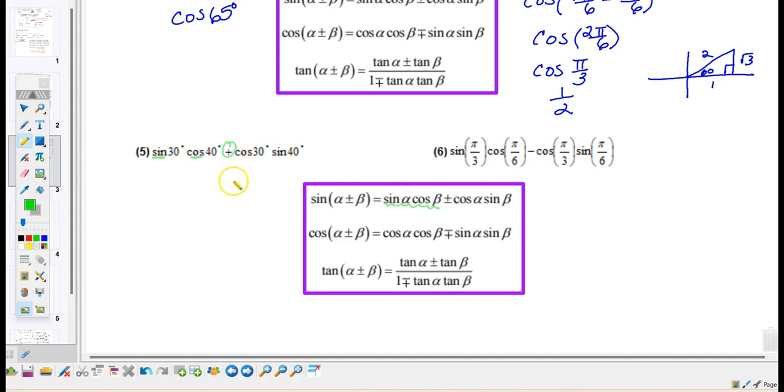Plus in my given equation is the top symbol here. So we're going to use the top symbol here. So that is sine 30 plus 40, which is sine of 70. And I cannot go any more simplified than that. That's not a special angle. So let's try number 6.